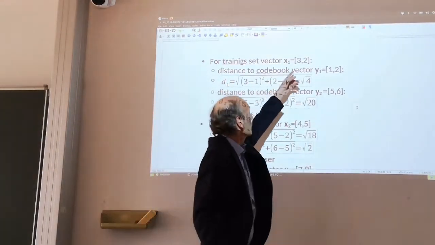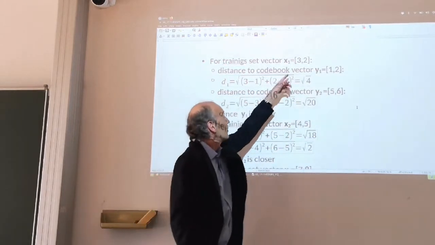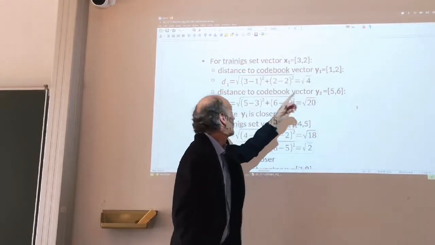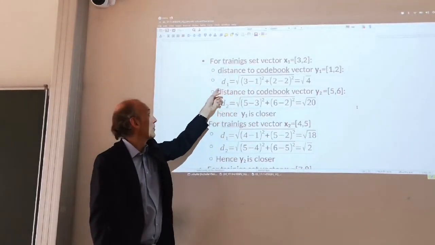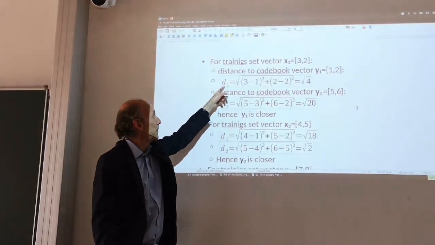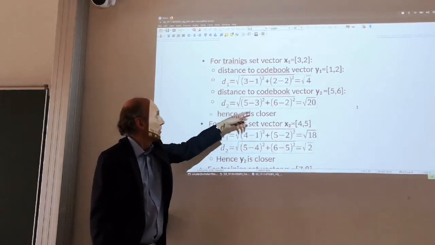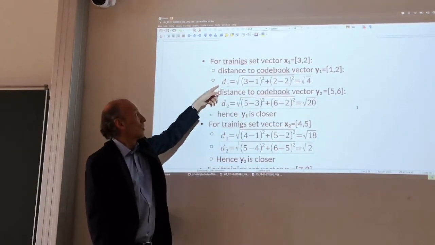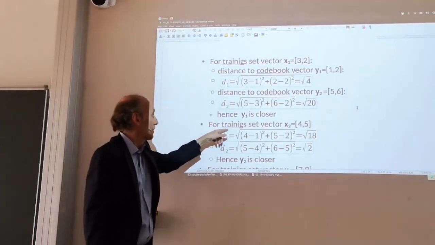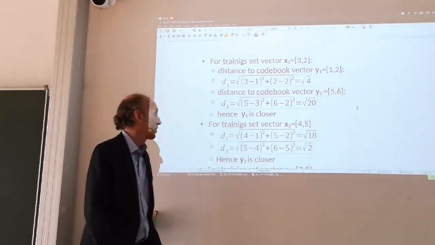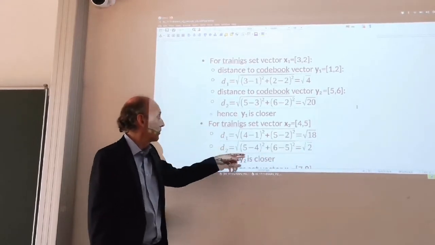So here you simply compute the Euclidean distance between x1 and y1. For each dimension it takes the difference, squares it, sums it up, and takes the square root. So here the distance to code word 1 is square root of 4. The distance to code word 2 is square root of 20. So code word 1 is the closest. For signal vector 2, distance 1 is square root of 18, distance 2 is square root of 2.